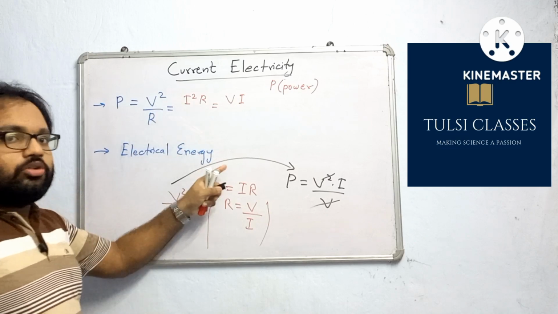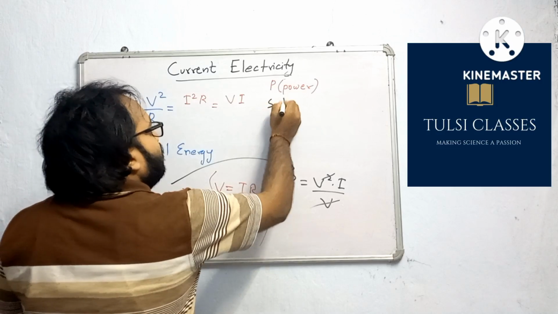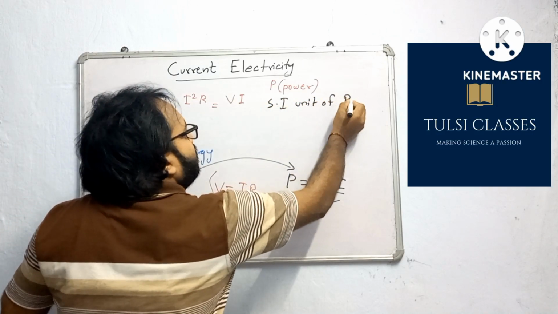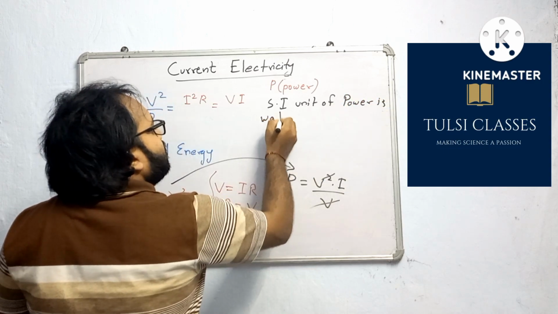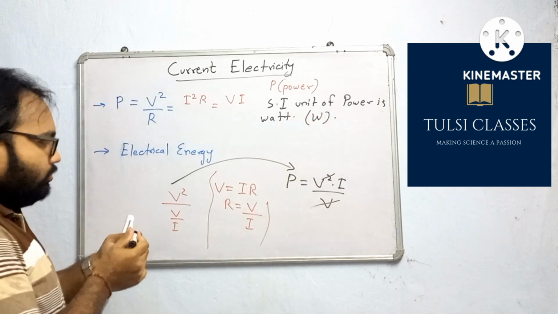Three formulas, all three you have to remember. The SI unit of power is watt, represented by capital W.